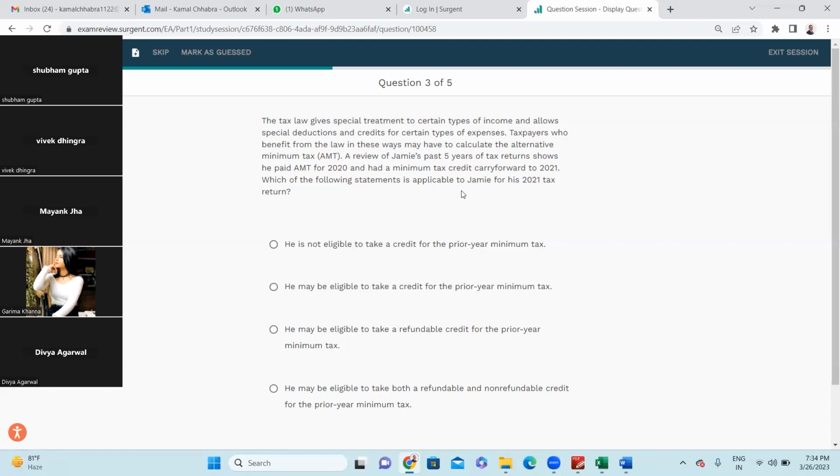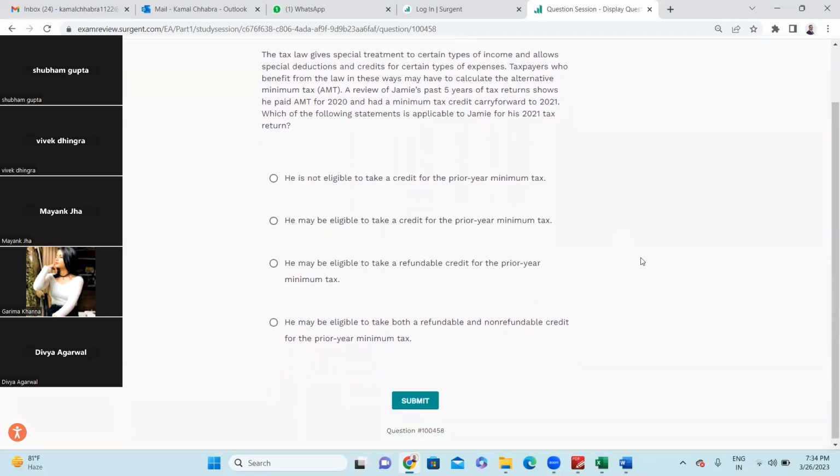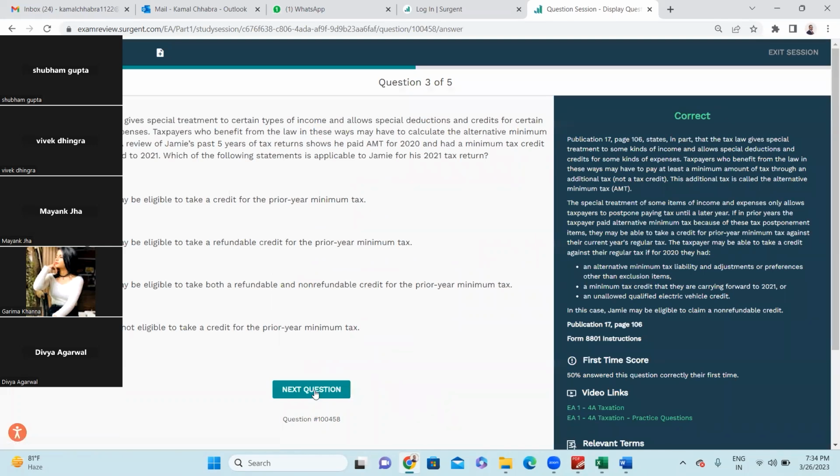So whether the minimum tax credit, or alternative minimum tax credit, is refundable or non-refundable? Non-refundable. So which option is right? Second one. Second, yes. Garima, Divya, Mayank. Yes, sir. The second, sir. Okay. Very good.